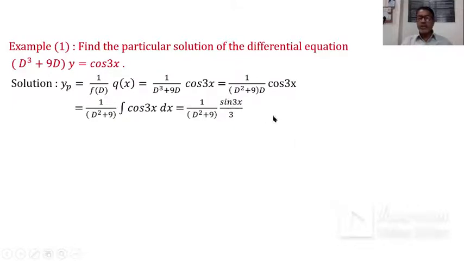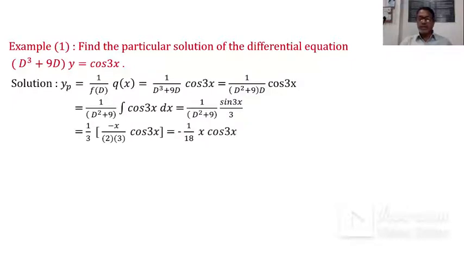Here a is 3. If we substitute D square by minus a square, then the denominator becomes 0. Therefore, in that case, we use the result 1 upon D square plus a square operate on sine ax is equal to minus x upon 2a cos ax.